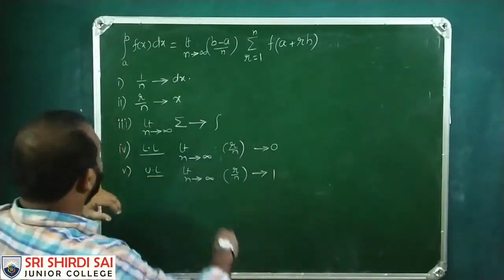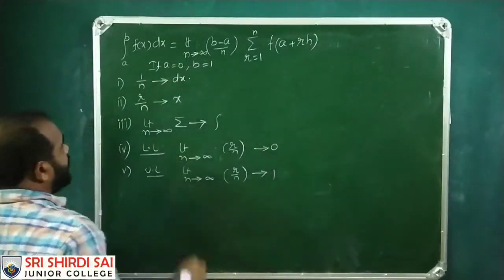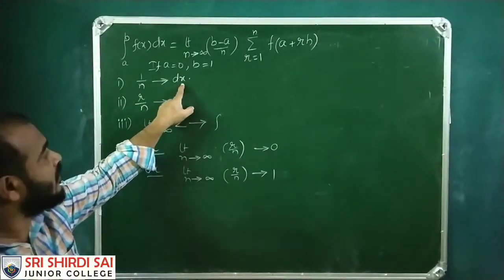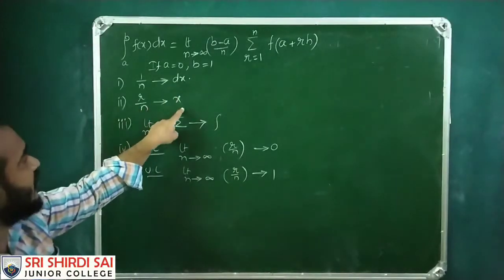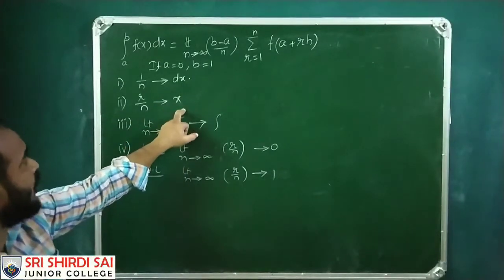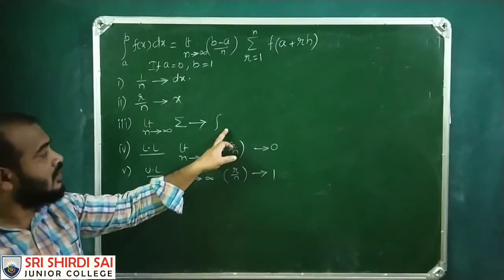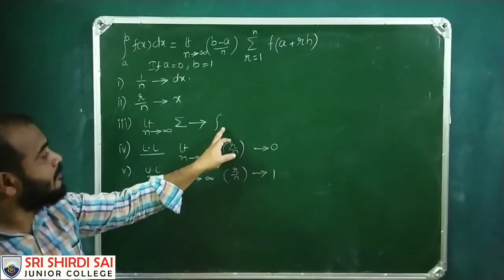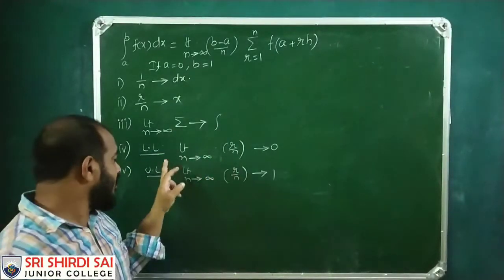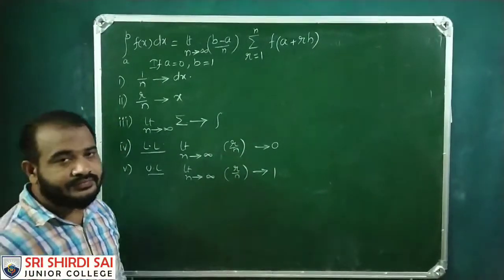If a is equal to 0 and b is equal to 1, then 1 by n is converting into dx, r by n is converting into x, and limit n tends to infinity, sigma is converted into the integral, lower limit is limit n tends to infinity r by n, and upper limit is limit n tends to infinity r by n. So this is how it will convert.